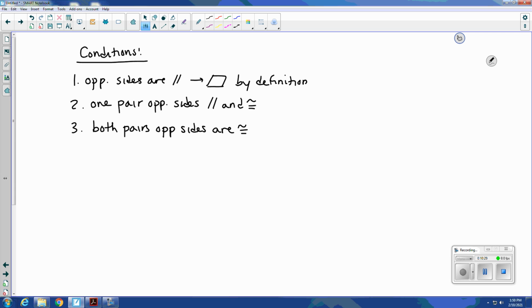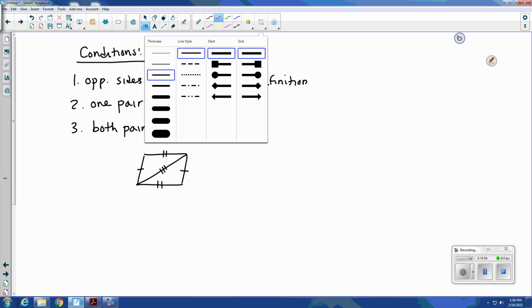Now this should make sense because that was one of the properties of the parallelogram, so working in reverse, that should be true. But to show why it's true, again, we want to be able to show that the opposite sides are parallel because that's what gives you the parallelogram by definition. So if we know the opposite sides are congruent, as you can probably guess, it's divided into triangles. They share this side. So by side, side, side, these triangles are in fact congruent.